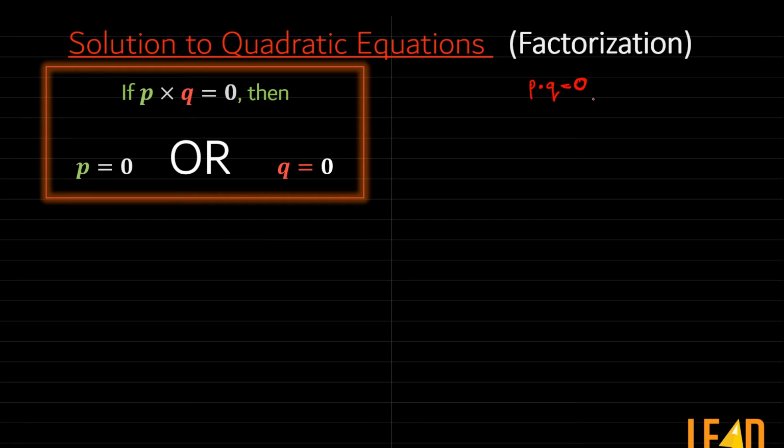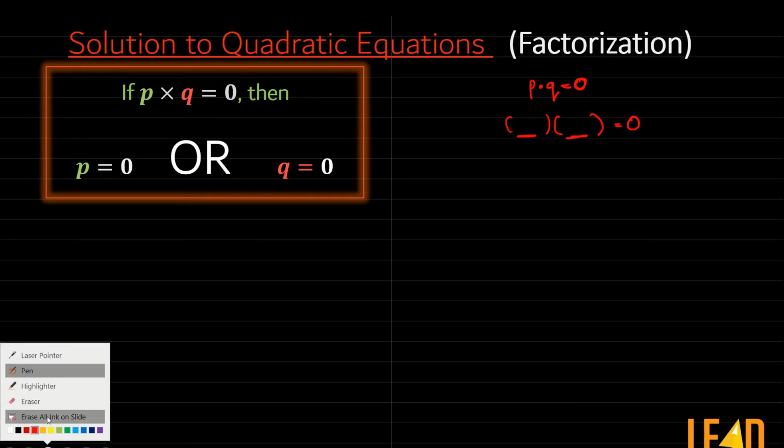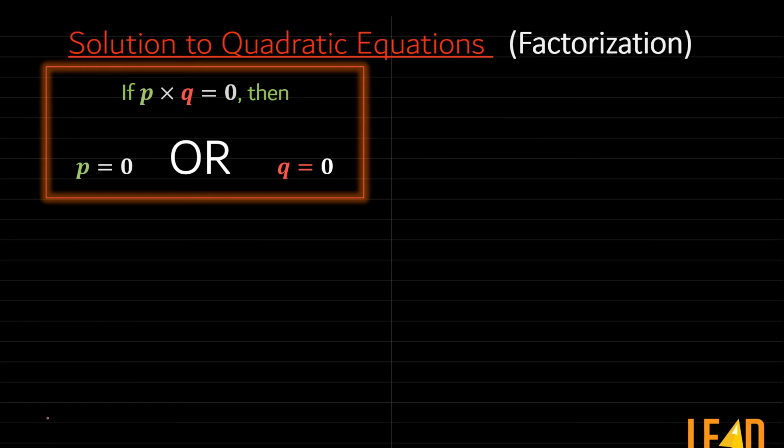So if I have any function, if I can rewrite it as a product of two factors, then I can equate each of those factors to 0, and then I'll get the possible solutions, because one of them must be 0 if both of them multiply to give you 0. It's actually not difficult. The whole idea is just to be able to factorize properly. If you can factorize properly, then everything else is fine.